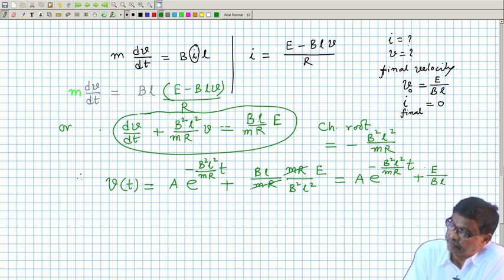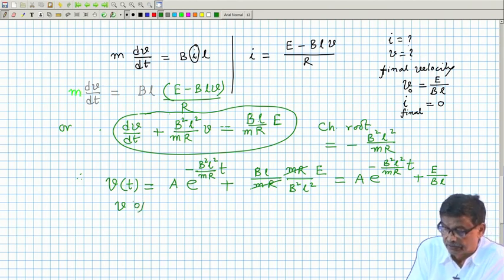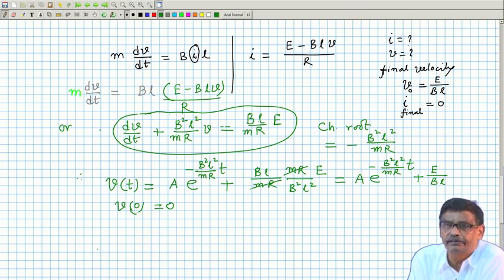E is the supply voltage. Now, what is the boundary condition? Boundary condition is velocity at time t equal to 0 is 0, because it was stationary. V at 0 minus was 0, V at 0 plus is also 0, velocity of a mass cannot change in no time. So, that was the argument.